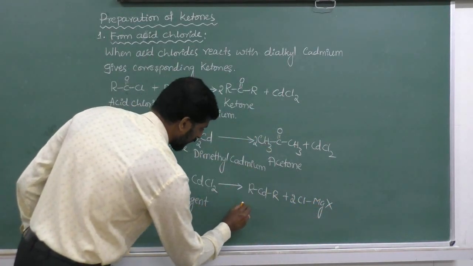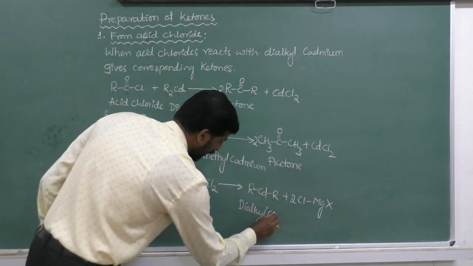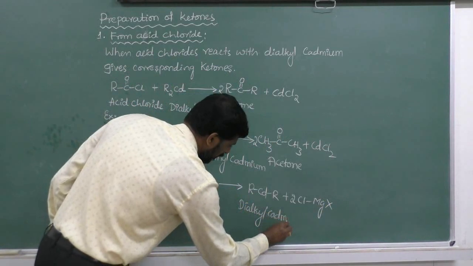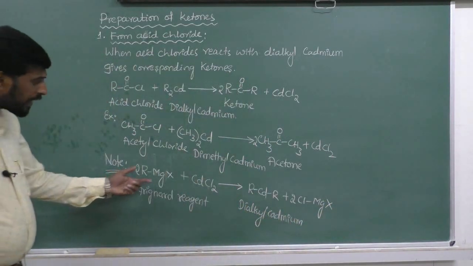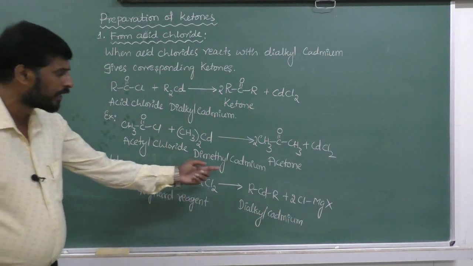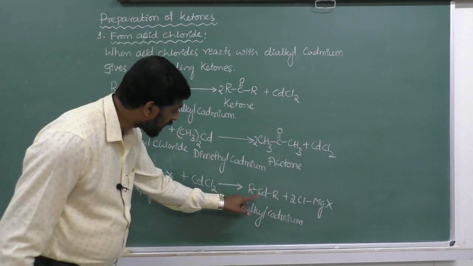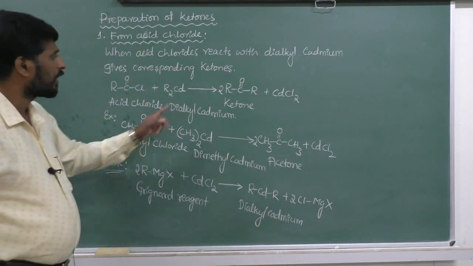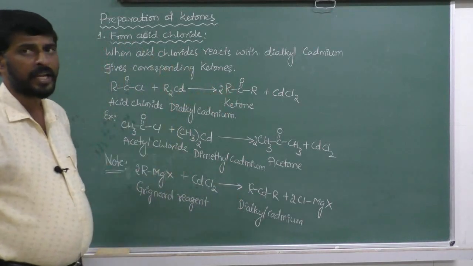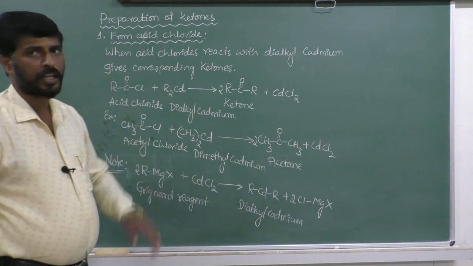So this is nothing but the dialkyl cadmium. Okay, so this Grignard reagent reacts with cadmium chloride, that leads to the formation of dialkyl cadmium, and this dialkyl cadmium reacts with acid chloride, leads to the formation of the corresponding ketone.